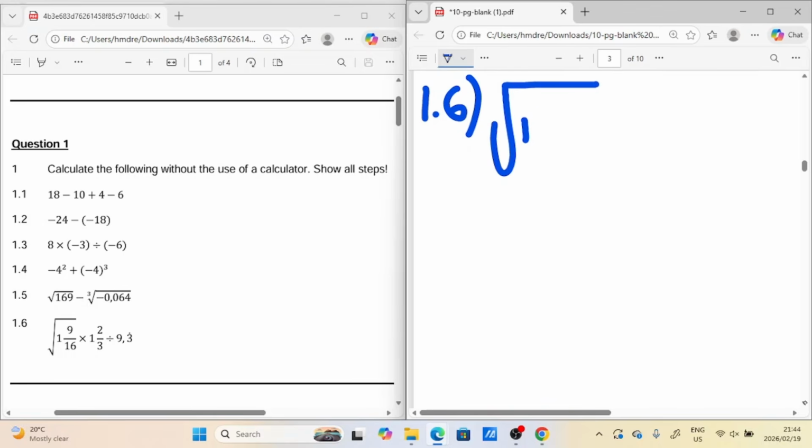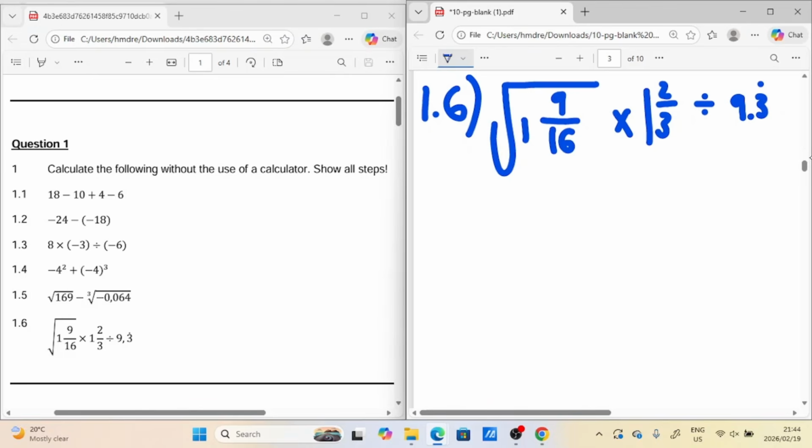Okay, so the square root of 1 and 9 over 16, times 1 and 2 over 3, divided by 9.3 recurring.